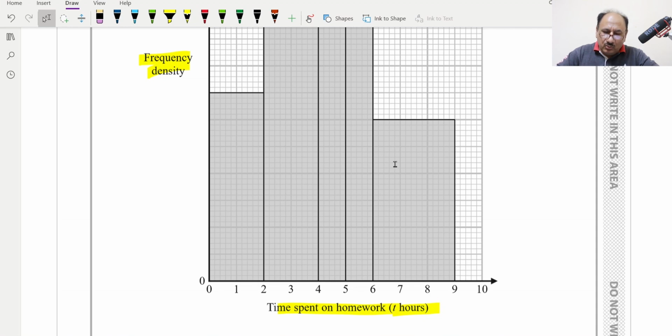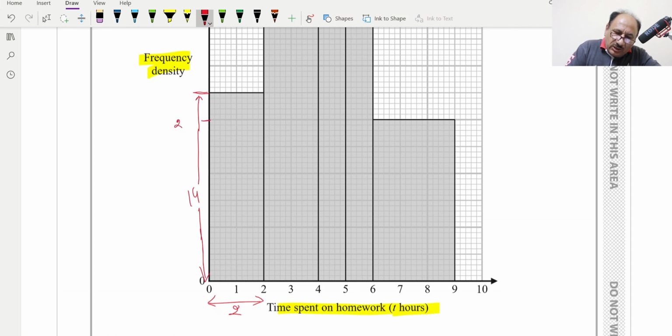So we know that this width is 2, so 28 is the area, and the height will be 14, because 14 twos are 28. So this is 14. If this is 14, then we can number these. This will be 2, 4, 6, 8, 10, 12 and 14.